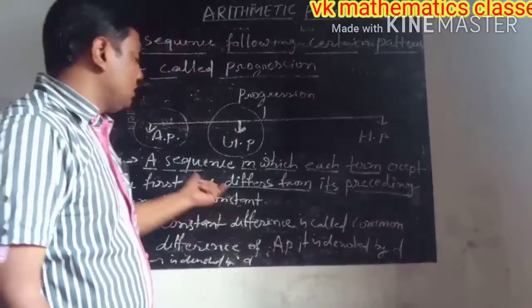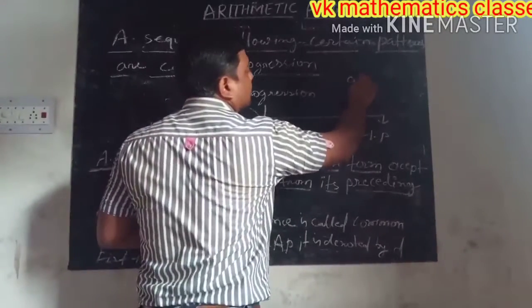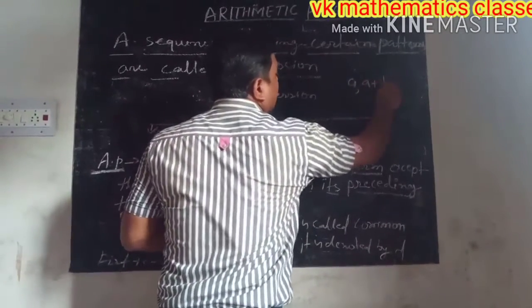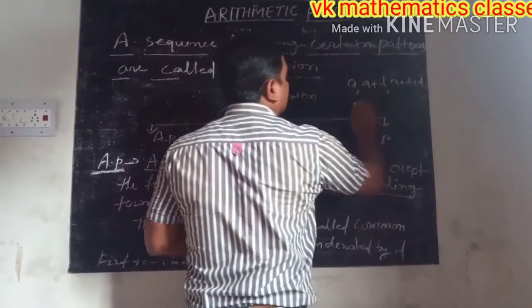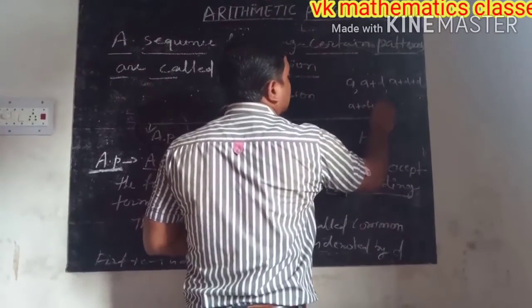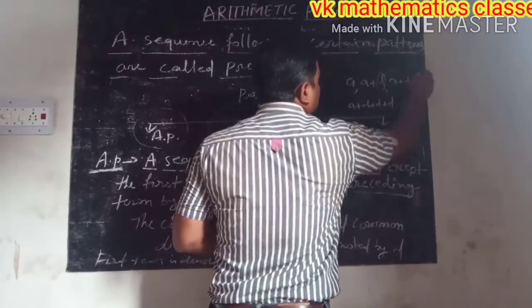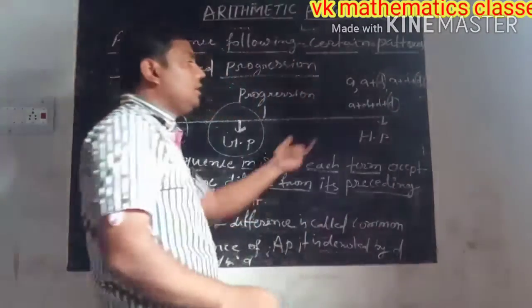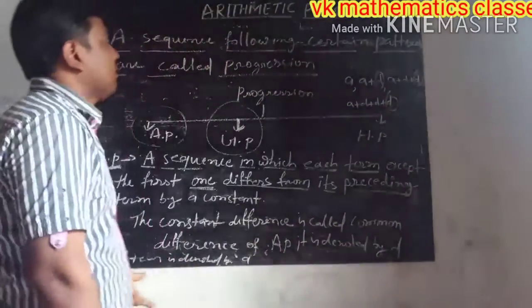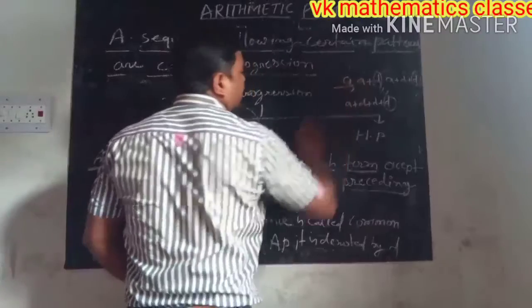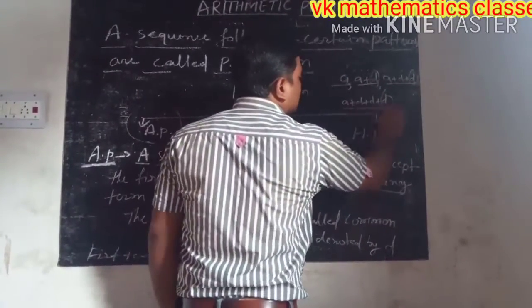So the arithmetic progression is a, a plus d, a plus d plus d, a plus d plus d plus d, and this constant is added to find the next term. This is the first term, this is the second term, this is the third term, this is the fourth.